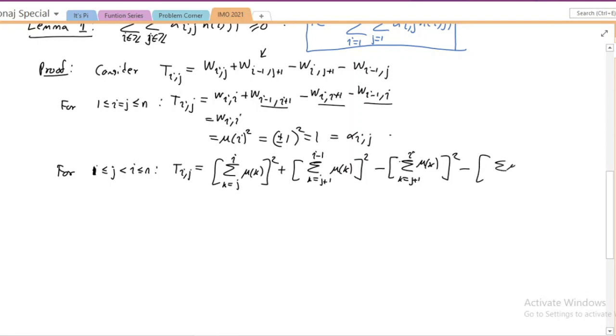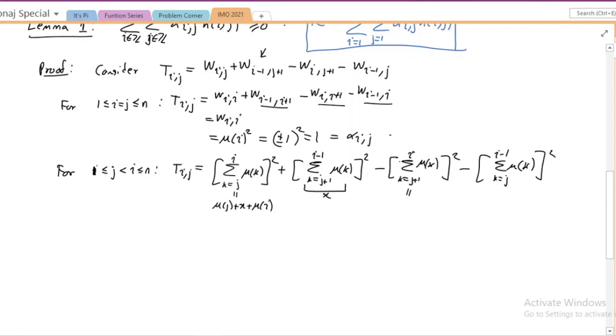Okay, so this time k from j to i minus 1. I'll just call this x. Then this would be mu j plus x plus mu i. So it contains the first and the last term, i and j, and then the others, if they exist, that will just be x. If they don't exist, that's just 0, and it still makes sense.